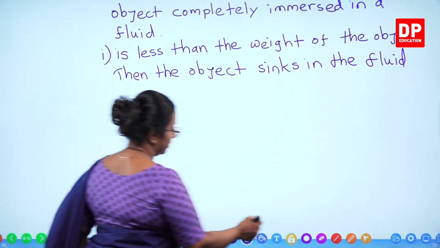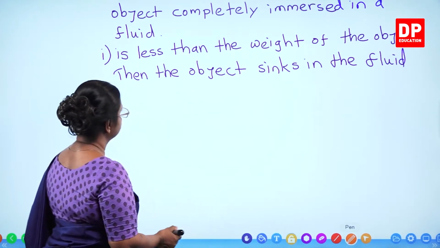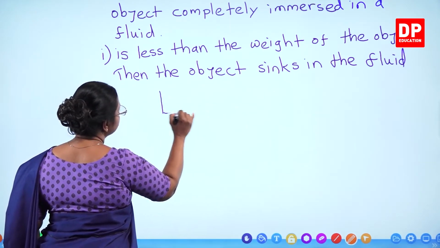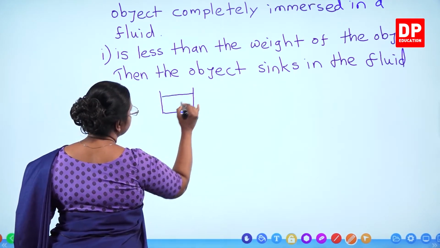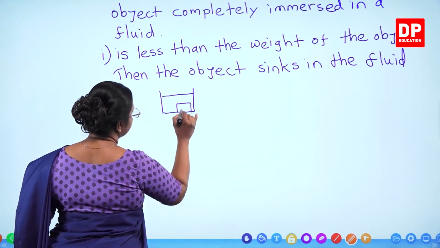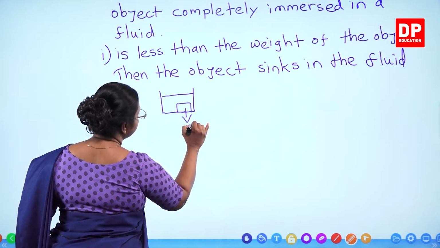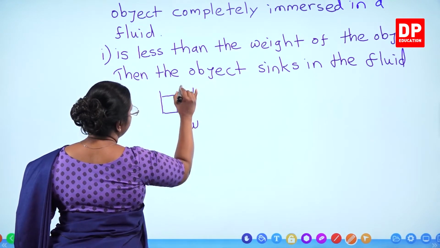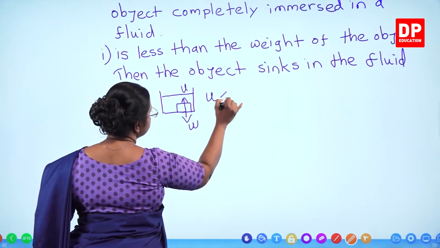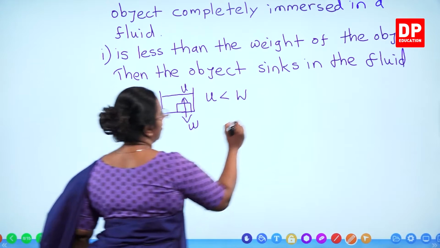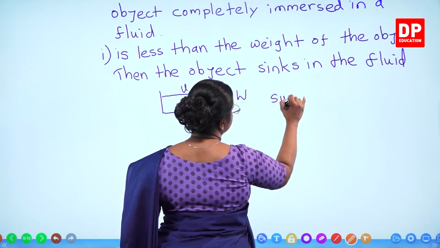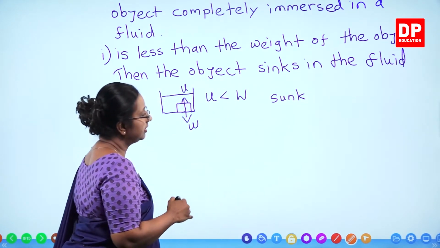So that is the first instance. So you can remember that, if I put it in a simple form, it sunk in the fluid: weight and the upthrust. So upthrust is less than weight. Object sunk in the fluid.